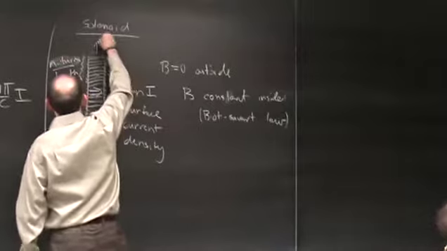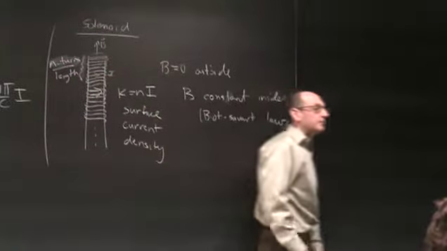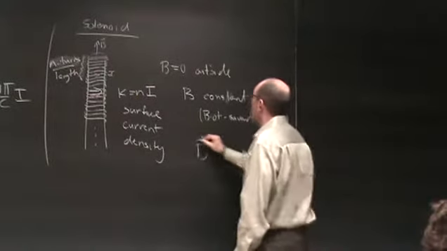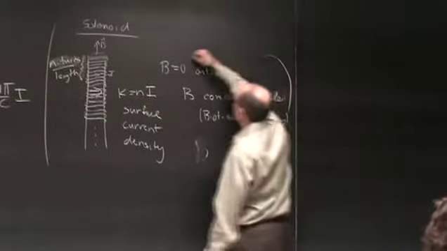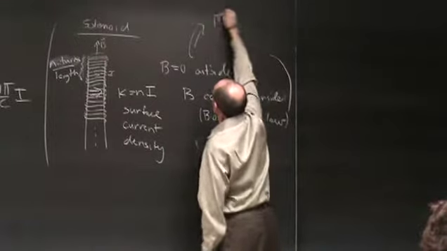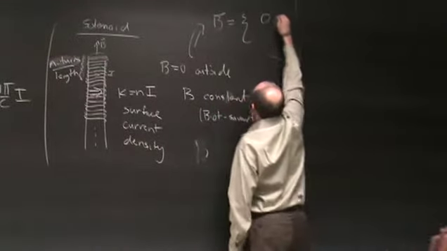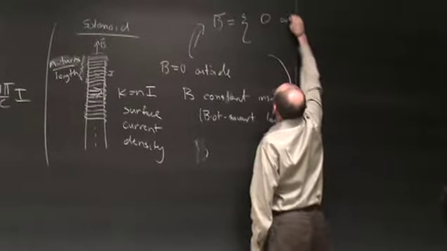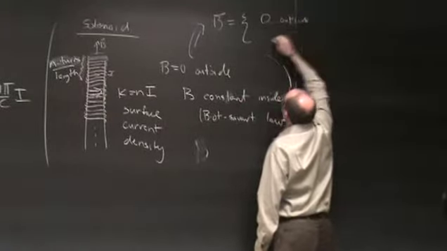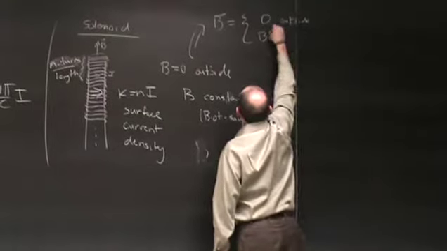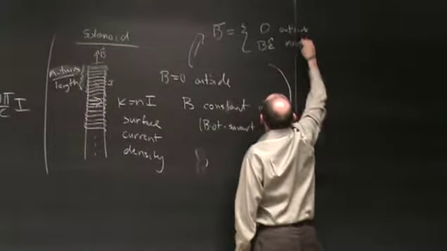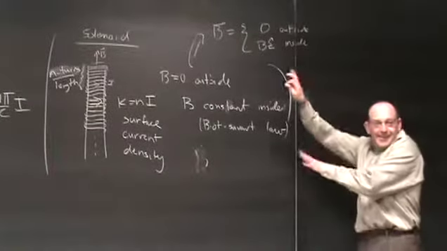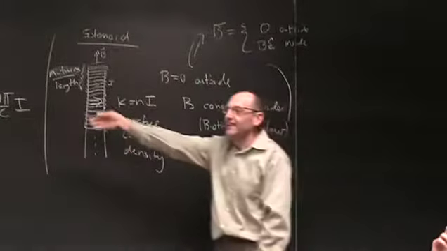It's the only direction it can be in. So putting this together, the magnetic field is 0 outside and some constant in the z hat direction inside. That's the hard part.